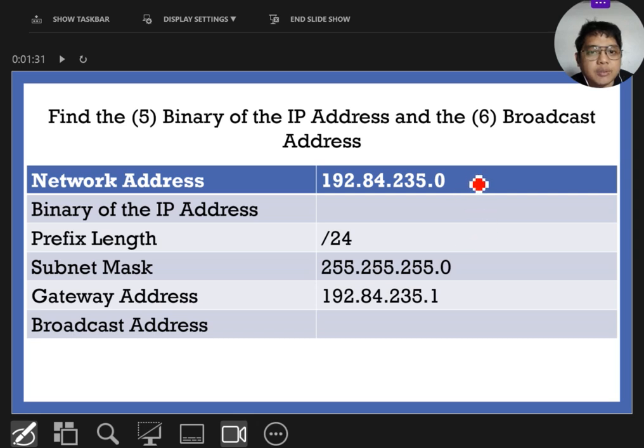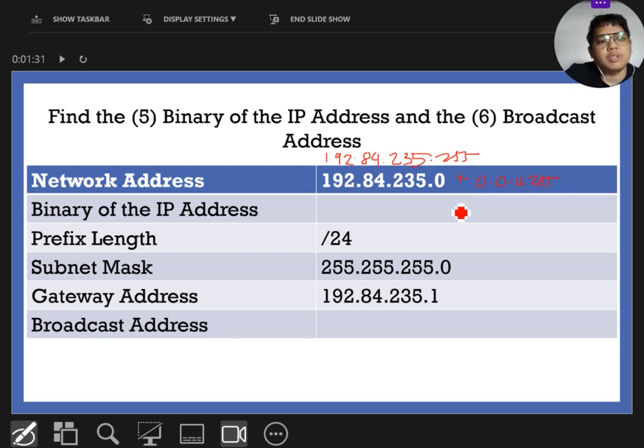So this is our network address plus 0.0.0.255. We have 192.84.235.255.